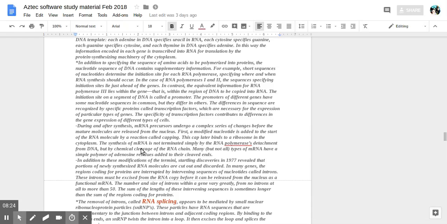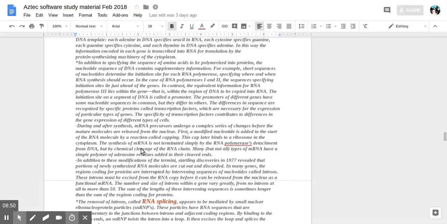of the transcription begins. The promoters of different genes have some nucleotide sequences in common, but they differ in others. The differences in sequences are recognized by specific proteins called transcription factors, which are necessary for the expression of particular types of genes.